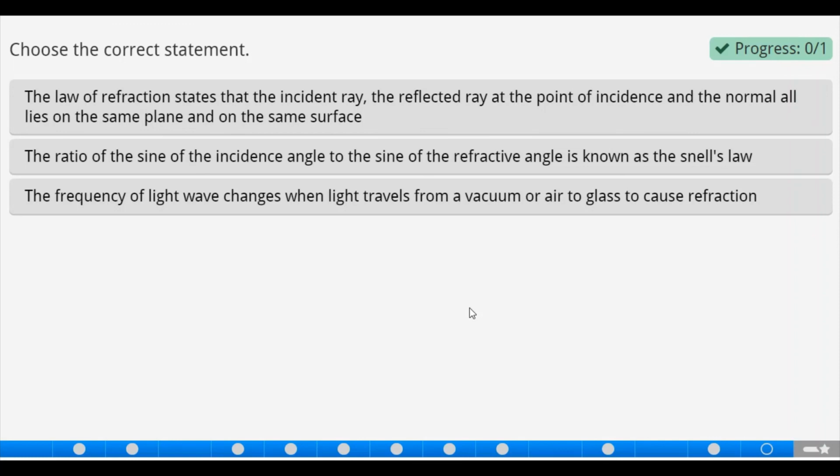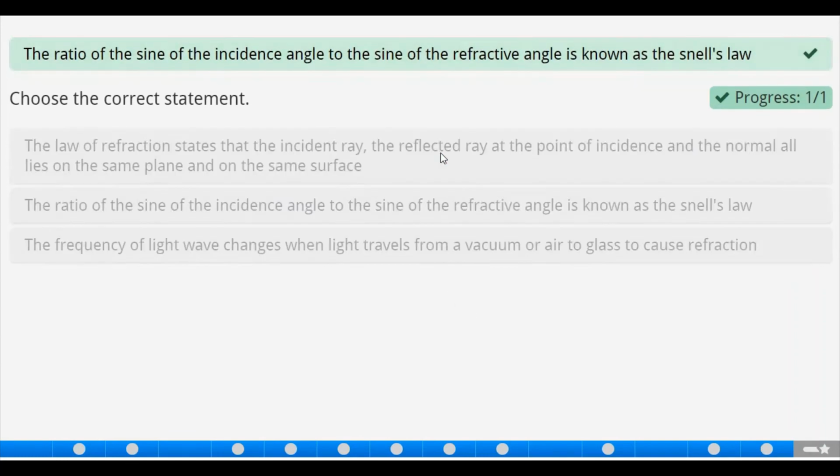Let's look at the third one. The frequency of light wave changes when light travels from a vacuum or air to glass because of refraction. That statement is false. Instead of frequency, speed would have been the best and good option. So the statement in itself is false. So the second statement is correct. Let's take it and check.